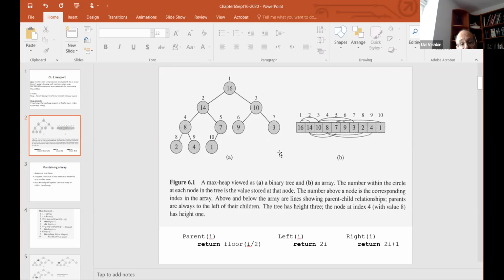What is the idea? The idea is that in location 1 in the array, we store the root. The root has two children, a left child and a right child. The left child will be in location 2, the right child in location 3.